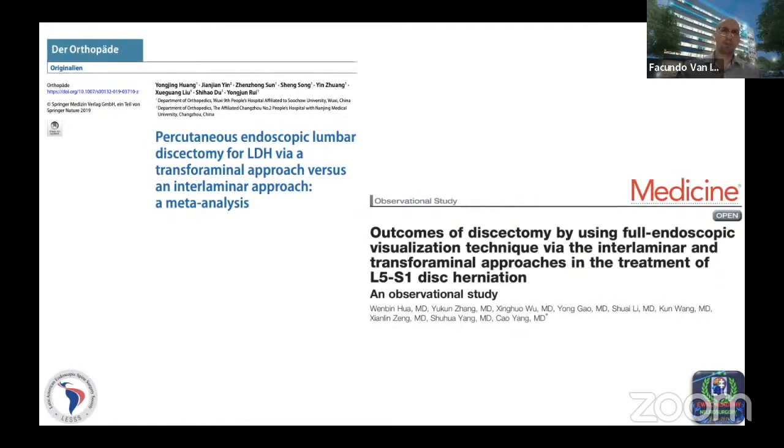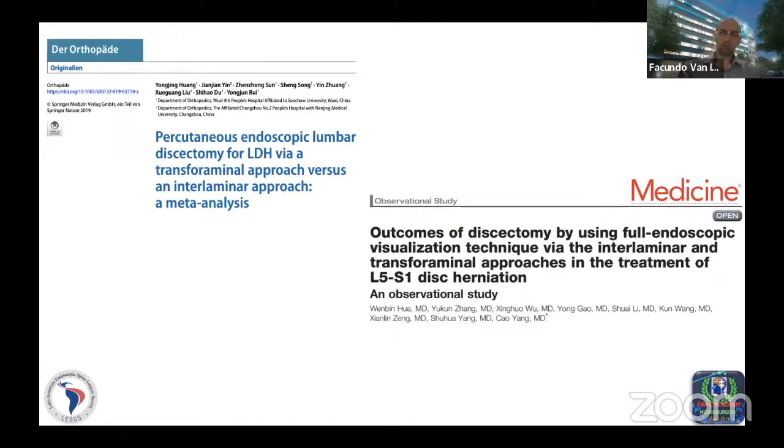And that's what's really groundbreaking, because it allowed us to treat a number of pathologies other than these herniations, and overcome some anatomical limits, like a high iliac crest when going into the L5S1 space.